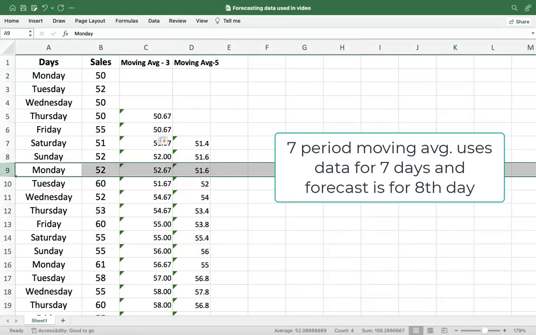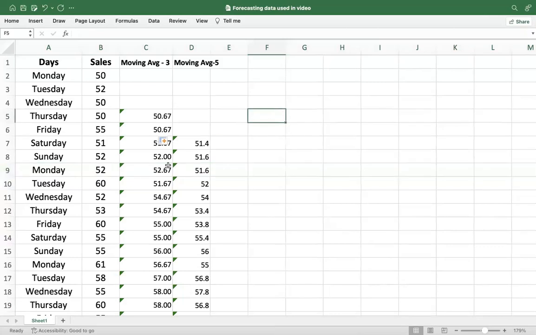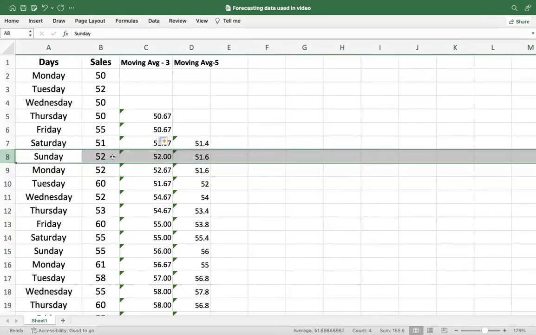Should we use a 3-period moving average, 5-period moving average, or 7-period moving average? Actually, these decisions are based on trial and error. We can calculate here the 3-period, 5-period, and 7-period moving averages, and later on, we will see which one is closest. So for instance, if I look here, Sunday, actual sales was 52.